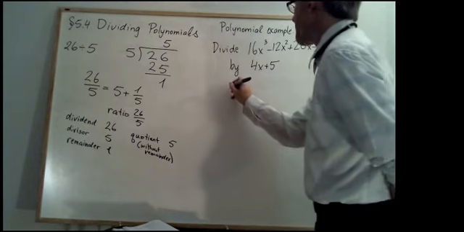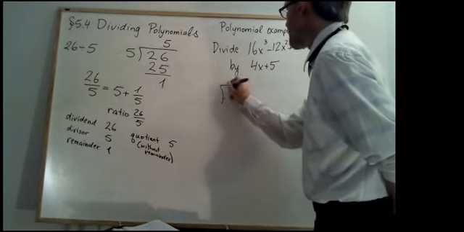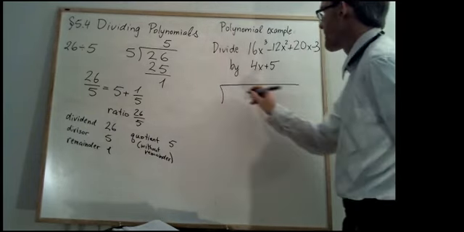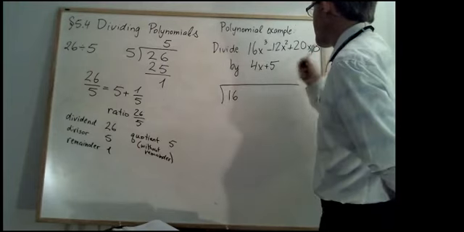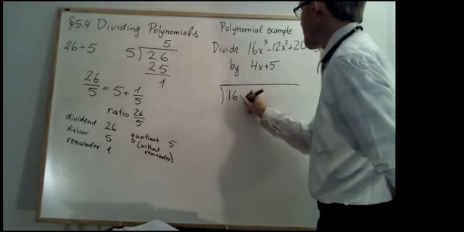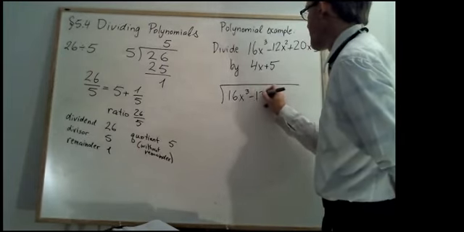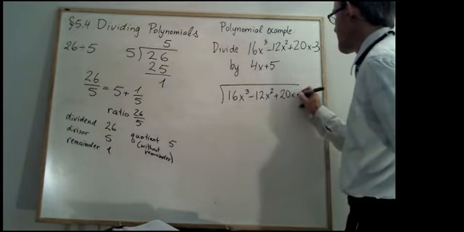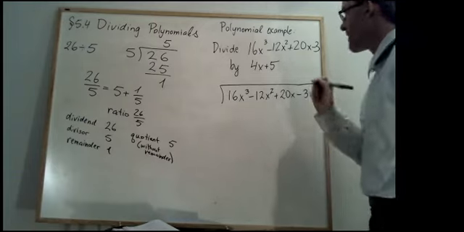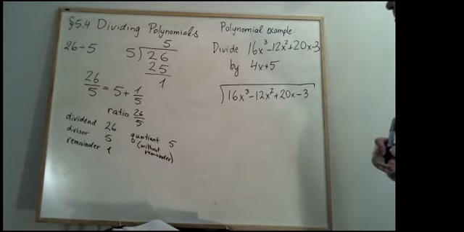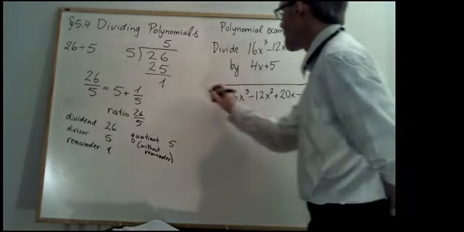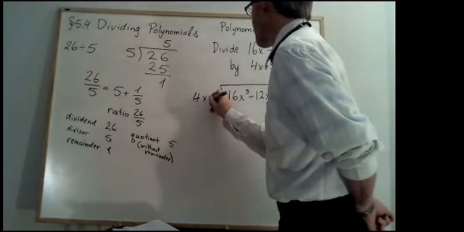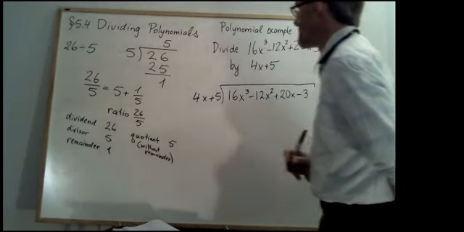Okay, so we put it under this root divisor sign. You put the dividend in there. Usually it's the bigger polynomial, and you divide by the smaller one. So 4x plus 5 goes in here.